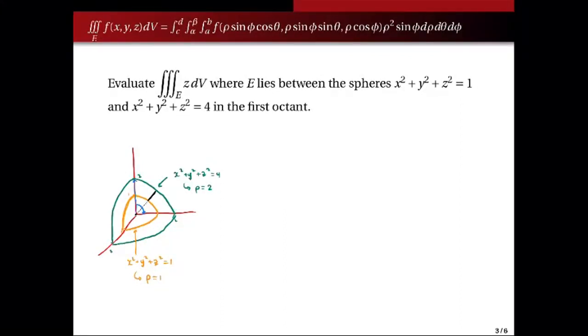Okay? So phi, that's your phi. This is your rho. And then for the theta, let me use this color here. For the theta, you have counterclockwise from the positive y, or counterclockwise from the positive x.